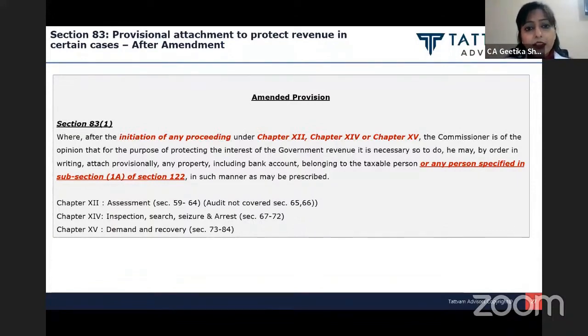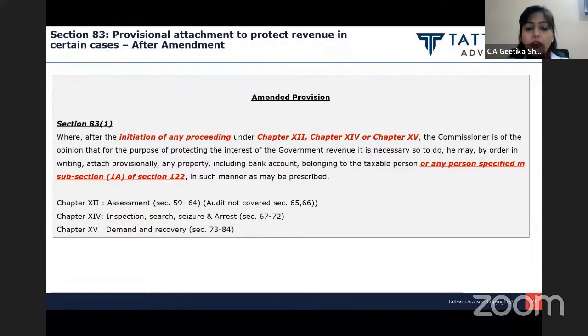Another change that is going to happen is, earlier there were very limited sections under which, if the proceeding was pending, the provisions of provisional attachment could be initiated. Now they have covered even more provisions falling under chapters 12, 14, 15. If you see, it's mentioned on the slide, if there is a self-assessment.